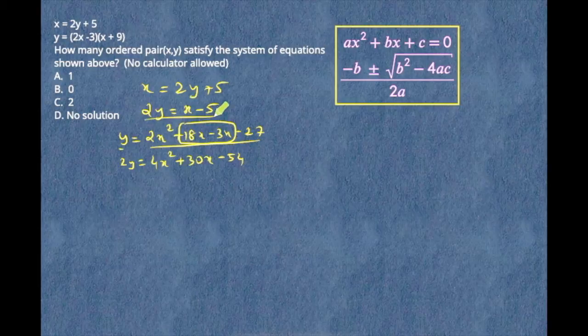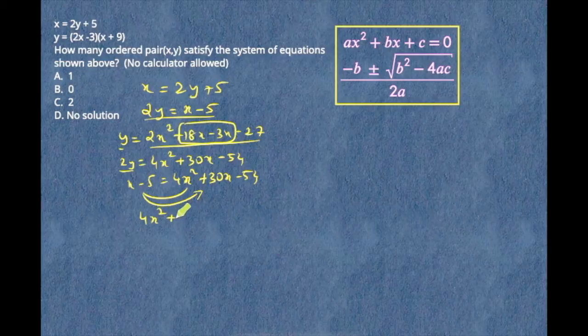So substitute here. This becomes x minus 5 equals 4x squared plus 30x minus 54. Now I bring this to the left hand side and this side to the right hand side, and then simplifying it, we get 4x squared plus 29x minus 49 equals 0.